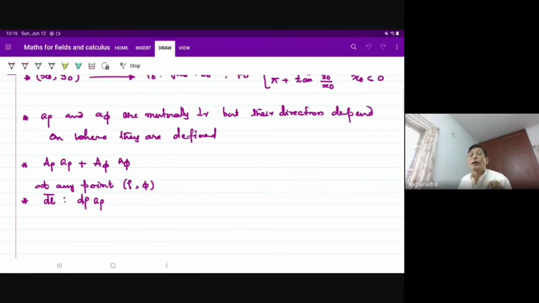At that particular point, if you increment phi by d phi in radian, we move along a circle of radius rho by a differential amount, which is a straight line, given by rho d phi here.